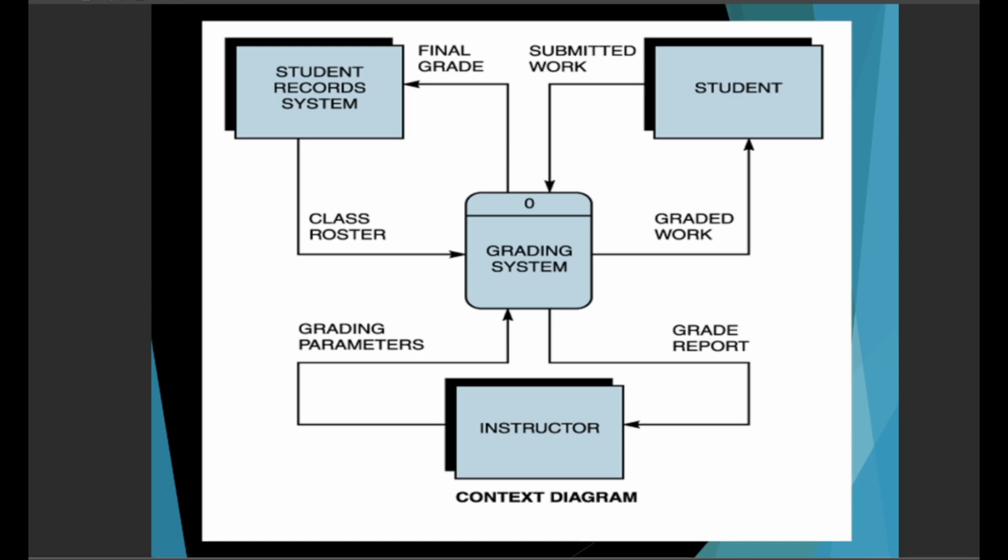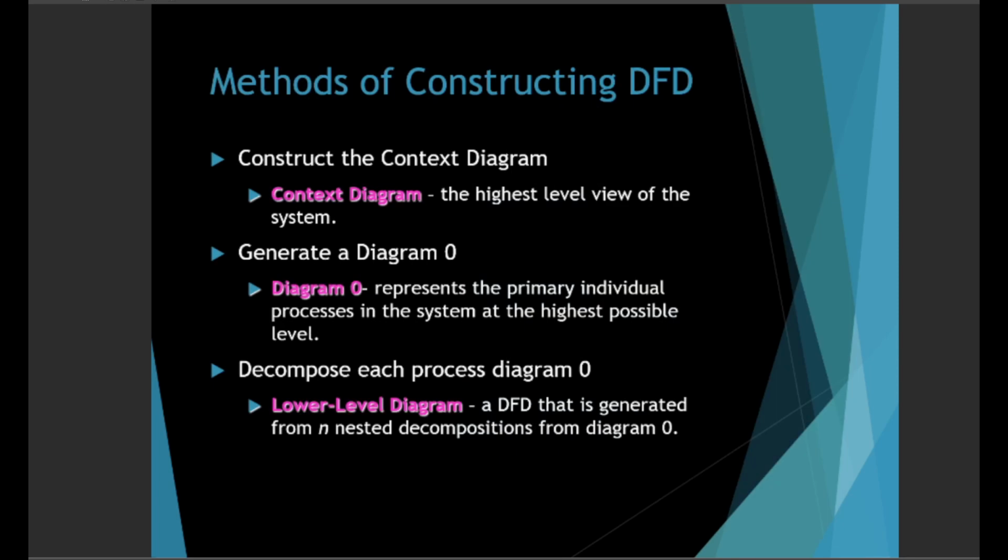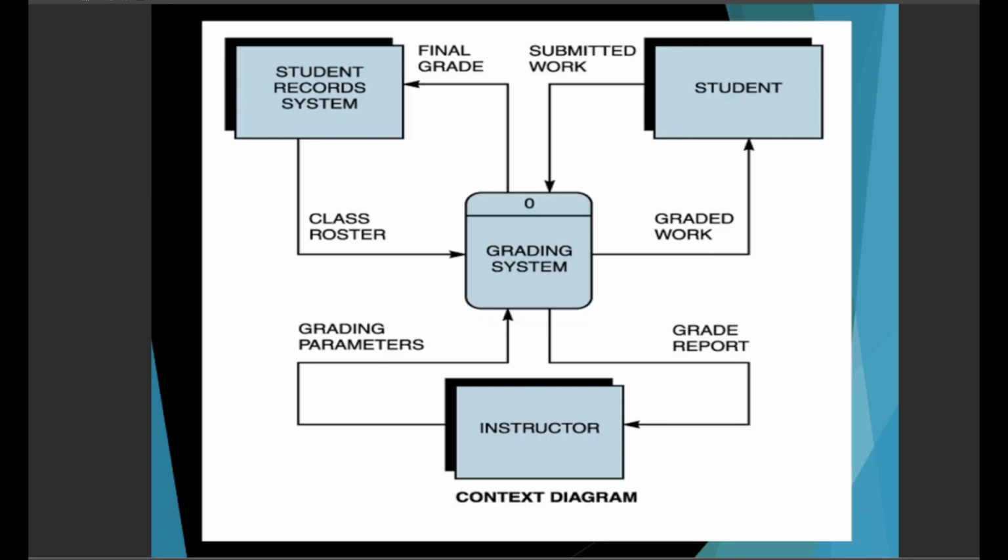In a context diagram, if we want to explode it or redefine what's inside the system, we are creating diagram 0. Diagram 0 represents the primary individual processes in the system at the highest possible level, which is the context diagram. It is called diagram 0 because in a context diagram, the system is referred to as process 0.